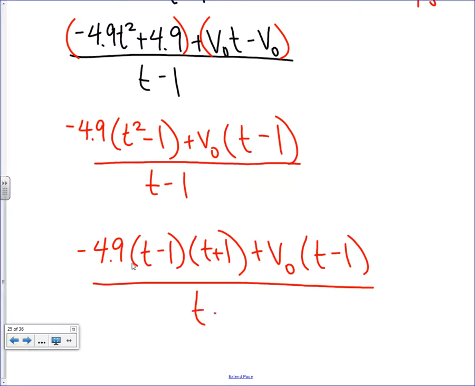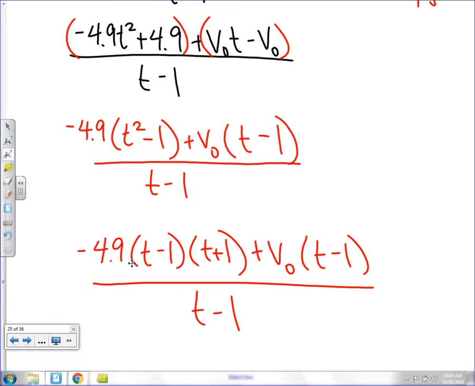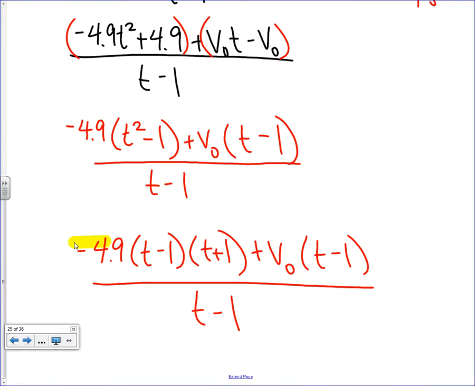So now I'm here. Now if I want to reduce things, that means I have to take it out of every single term, correct? Terms are connected by multiplication, right? So this thing right here is all being multiplied together, isn't it? That's one term. These two things are being multiplied together, aren't they? That's one term.